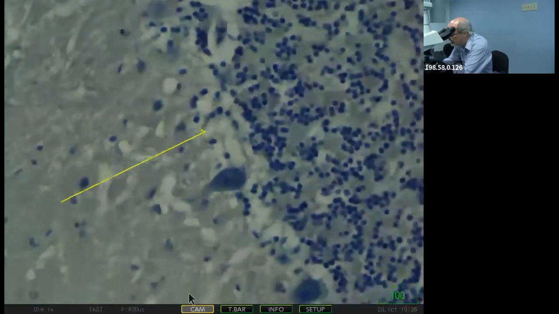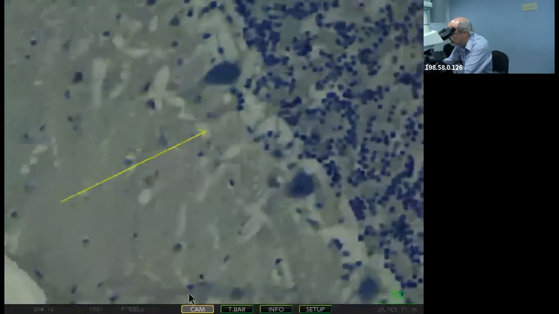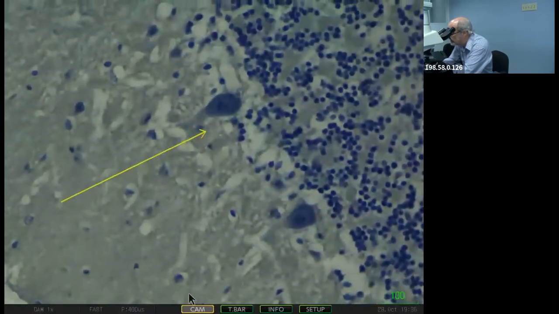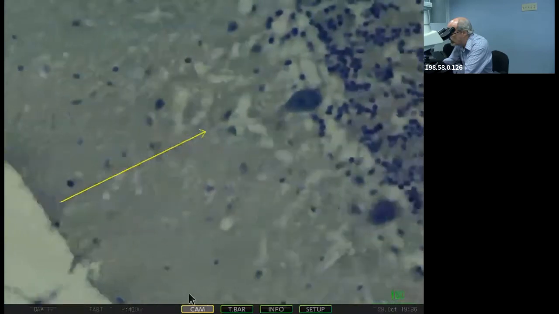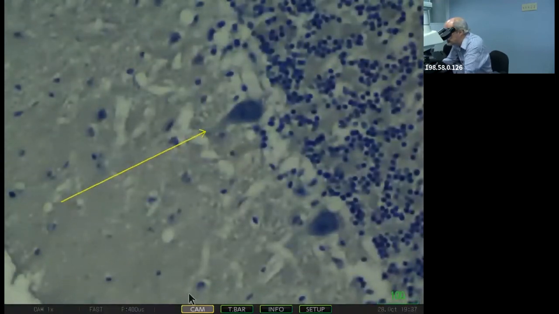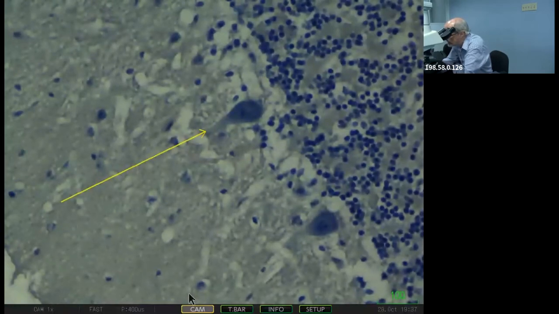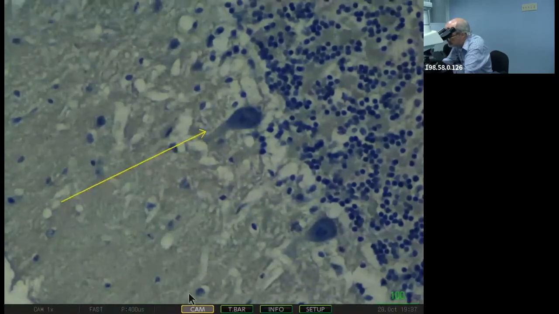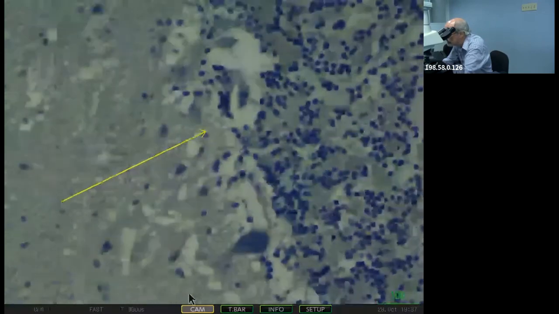And here you can see, for example, the apical dendrite again, leaving your Purkinje cell. You can see the dendrite here. It's not the best example. Let me try to find something better.